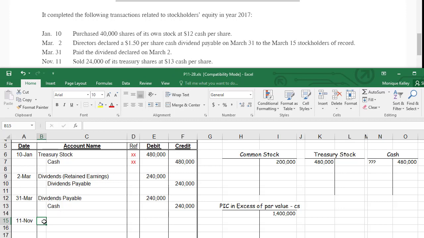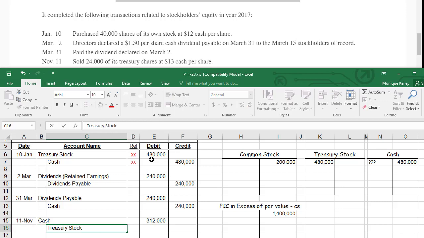Now because we're selling it, that means we're going to receive cash. So we're going to debit cash for the, let's see, 24,000 times the 13. So we're going to sell it for $312,000, and then we are going to credit our contra equity account, treasury stock.